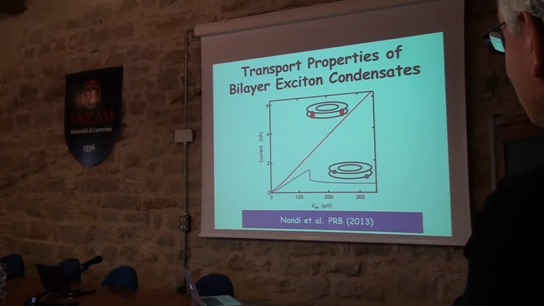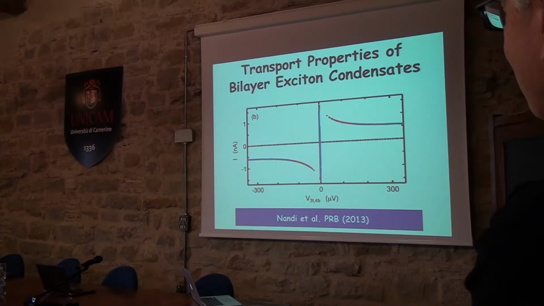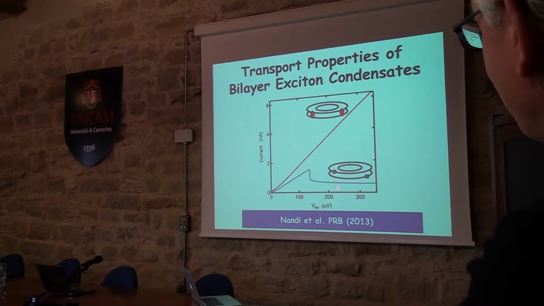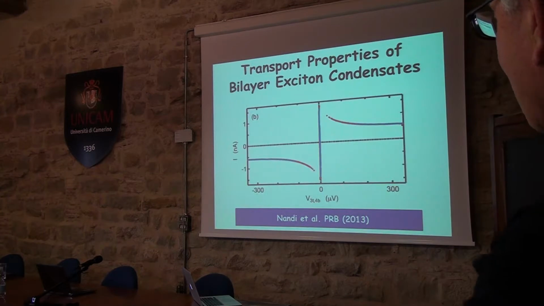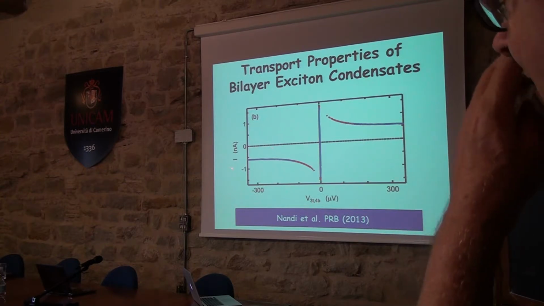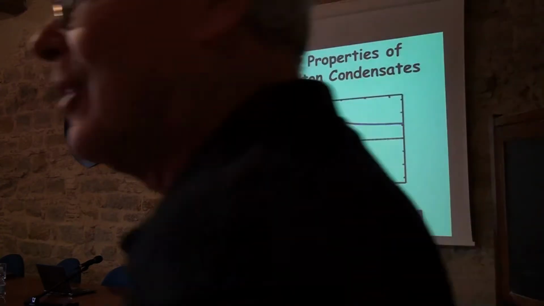It goes from a low resistance state to a high resistance state. This is actually the same data, but with the voltage measured just between top layer and the bottom layer. In the system, this voltage actually includes a contact resistance. And what this experiment shows as far as the 2D system is concerned is that if I have tunneling between the layers, if I try to do a tunneling experiment, if I try to make current flow from top layer to bottom layer, a certain amount of current can flow without any voltage between top layer and bottom layer.